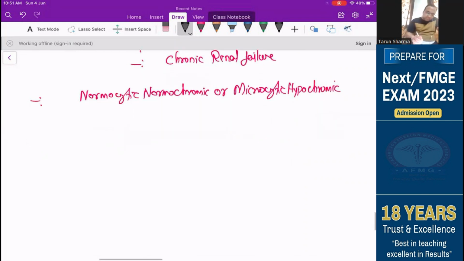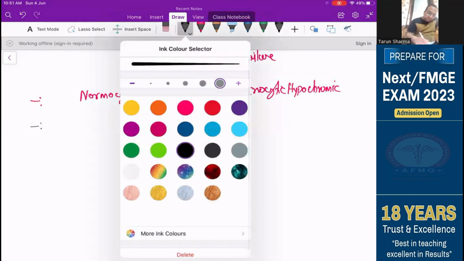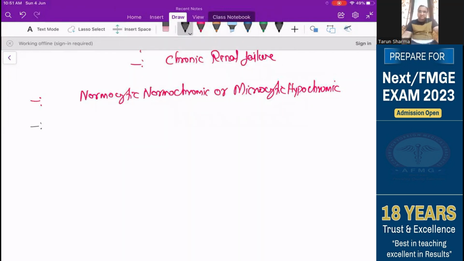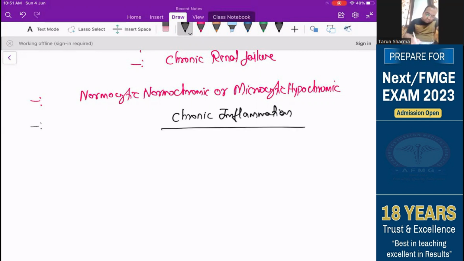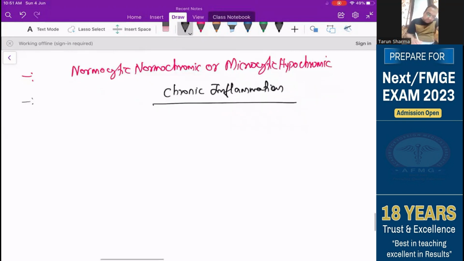Next thing, how can anemia be there in inflammation? Why is there anemia in inflammation? So what is the pathogenesis? Whenever there is chronic inflammation, as you all know, chronic inflammation is associated with an increase in interleukins: IL-1 will be increased, IL-6 will be increased, TNF will be increased.